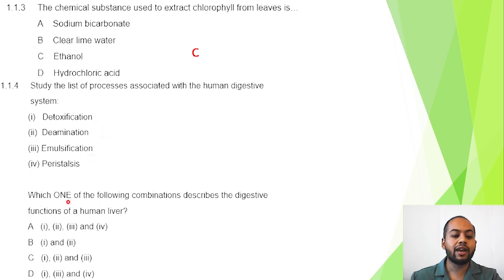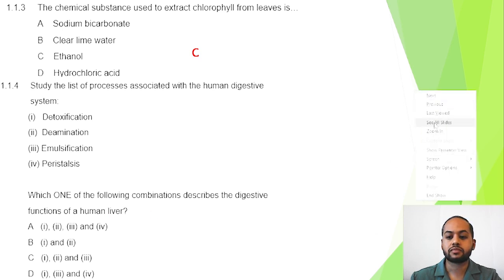Which one of the following combinations describes the digestive functions of a human liver? So I'm going to go back to the question. We're going to highlight the things that are important. Which one of the following combinations best describes the digestive functions of the human liver?